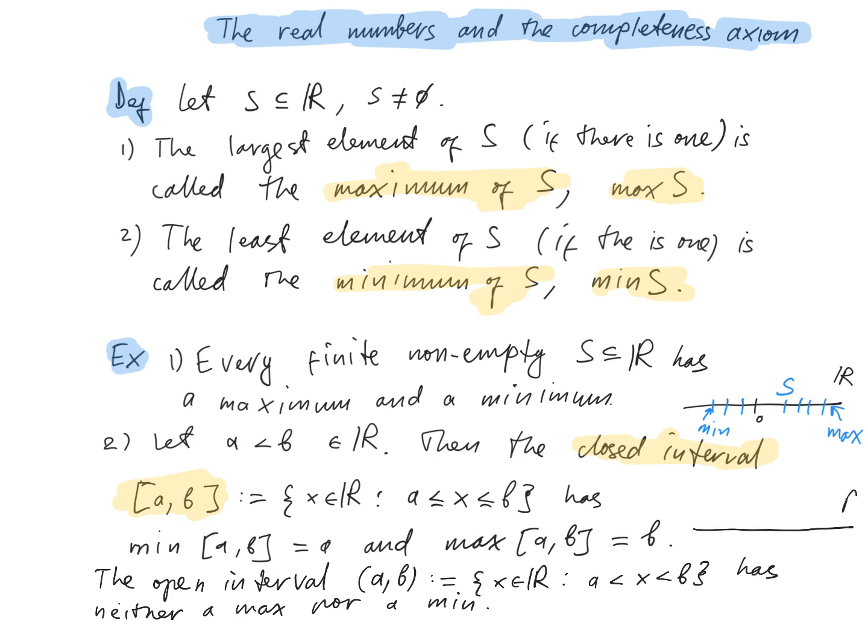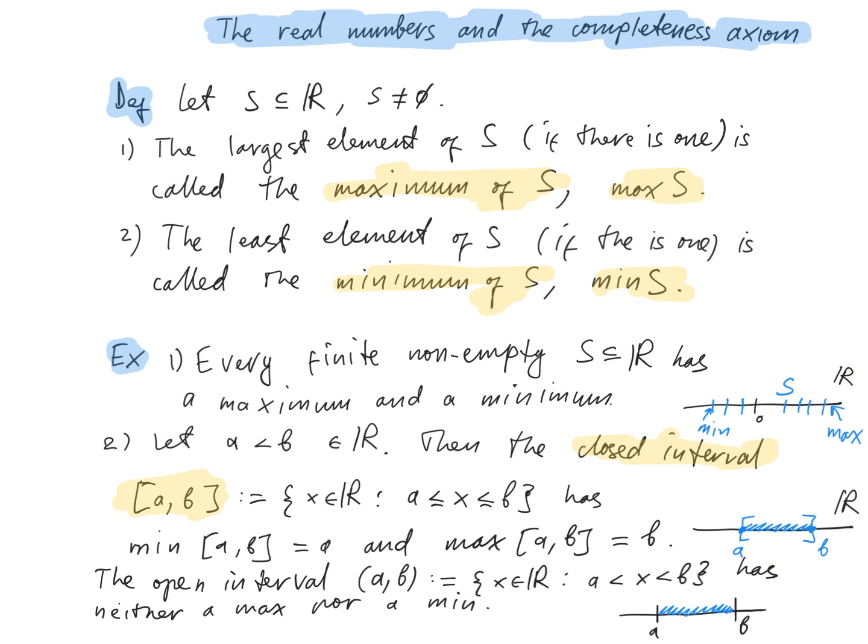So if we depict this on the real line, the closed interval [a, b] consists of all points in between a and b, including the point a and the point b themselves, while the open interval (a, b) consists of all the points that are strictly in between a and b, excluding the endpoints a and b.